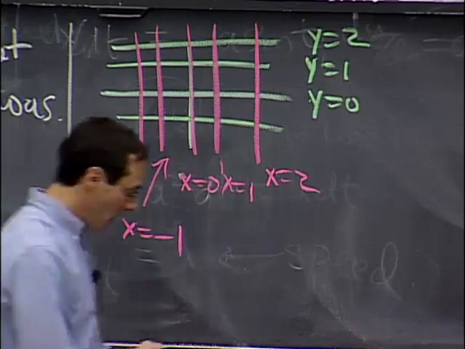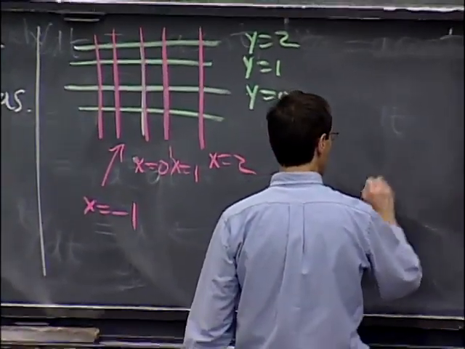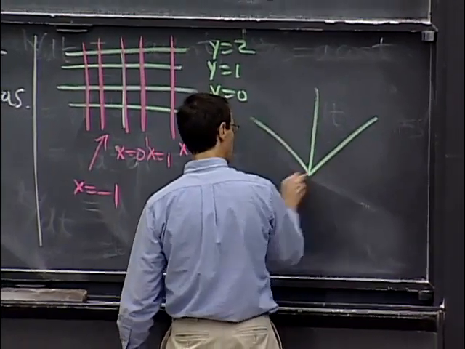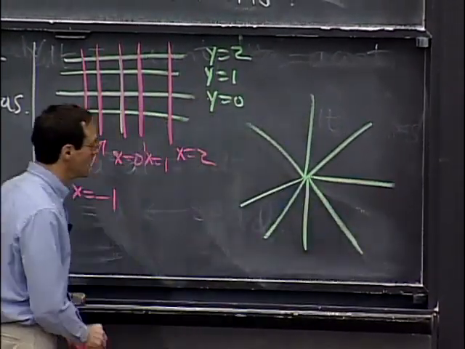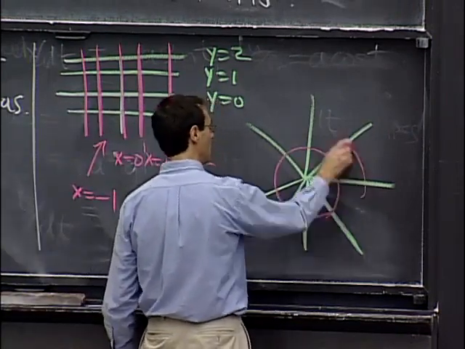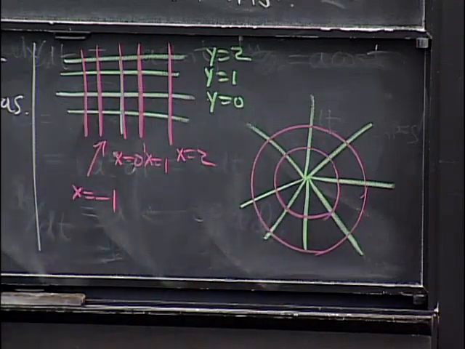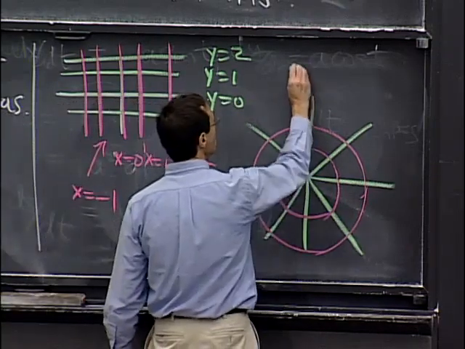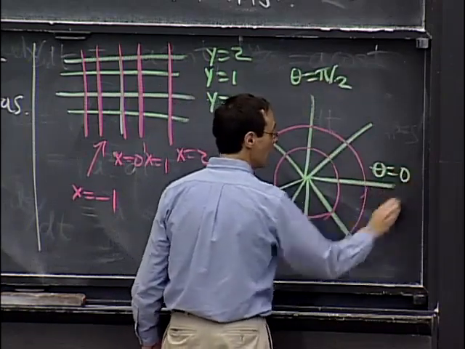And now I should draw the other coordinate system that we have, which is this guy here. Well, close enough. And these guys here. Kind of this bullseye or target operation. And this one is, say, theta is equal to pi over 2. This is theta equals 0.